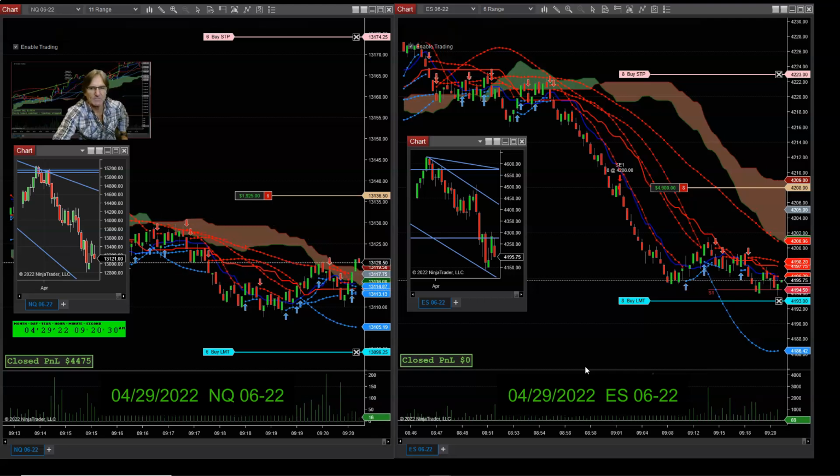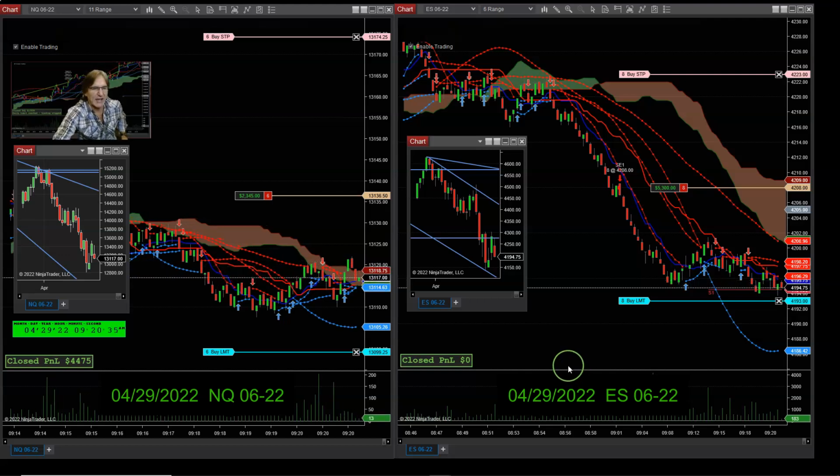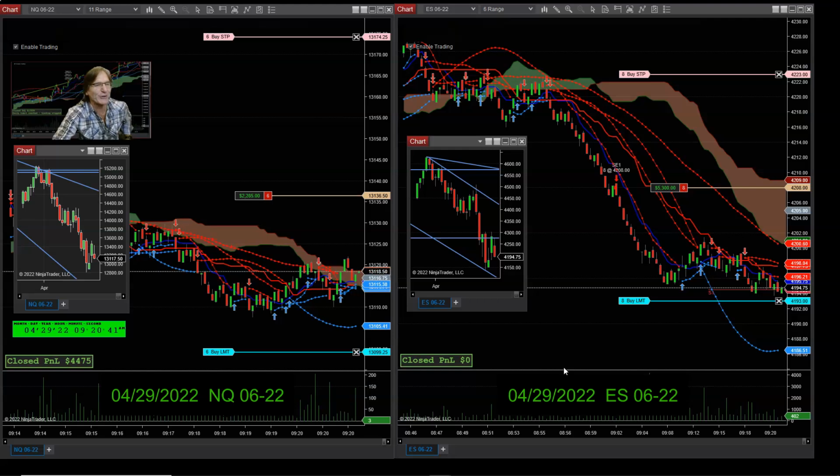You have flawless execution, speed of execution, accuracy of execution, and execution at the right time of your trade plan. What could be better? That's what automatic trading is all about.